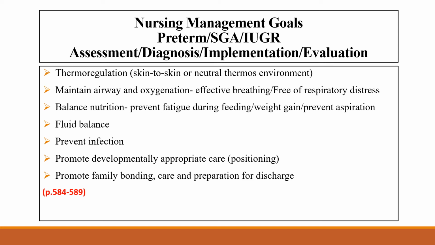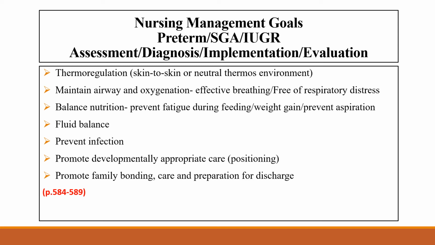We want to ensure a balanced nutrition, prevent fatigue during feedings, make sure that the baby is having adequate weight gain and there's a prevention of aspiration, especially for those babies who are intrauterine growth restricted and they may be very ravenous with eating and trying to eat very quickly. We do not want them to aspirate or try to overeat.